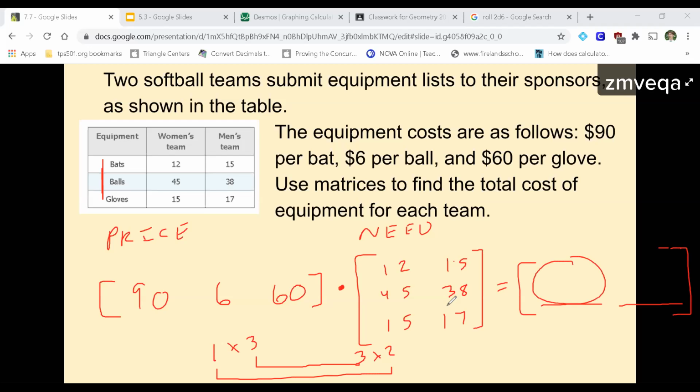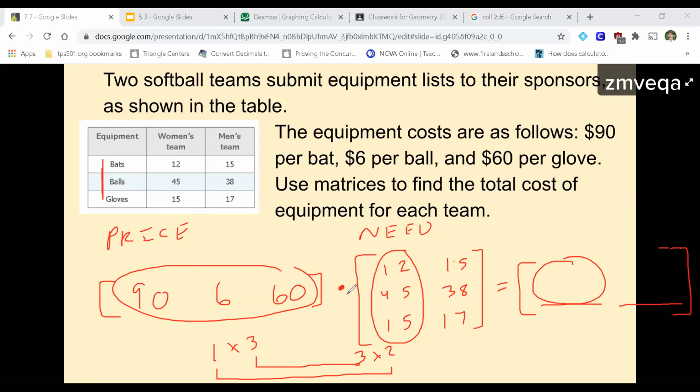To get the element right here in the first row, first column, I'm going to multiply 90 times 12, which you should notice is doing what we wanted to do, right? It's taking the price of the bats times the number of bats I need. And then it does the same for baseballs, and then it does the same for gloves.